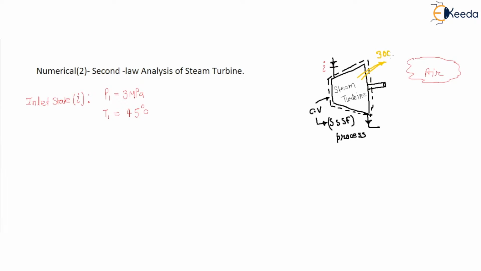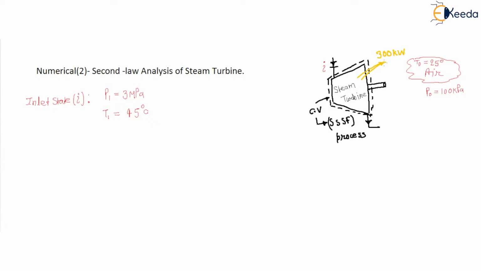The surrounding air has properties T naught of 25 degrees centigrade and P naught of 100 kilopascal. This is the environment condition, and the system loses energy as heat at 300 kilowatt. This is the rate of heat transfer.